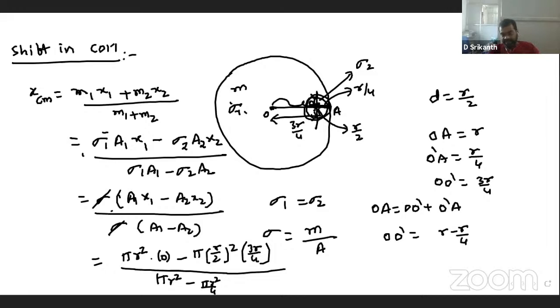Keep the side heading as shift in center of mass. First point, write down.